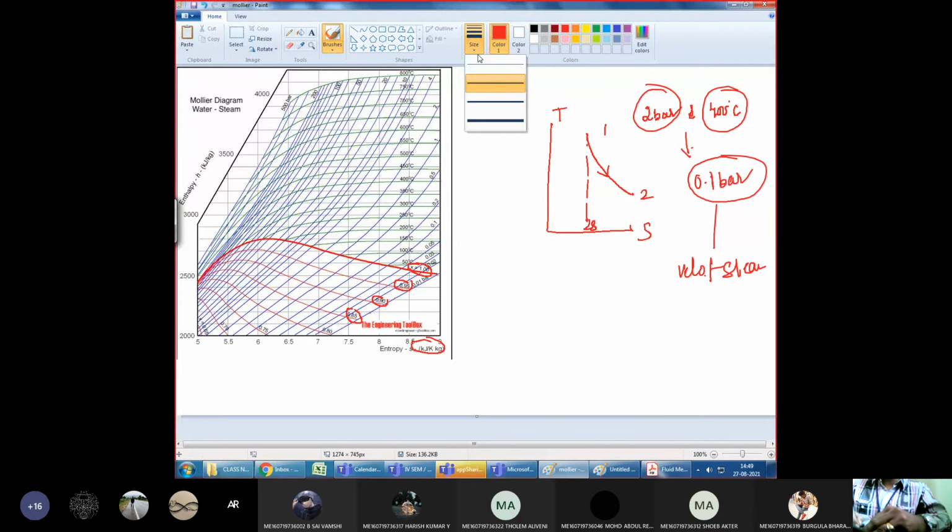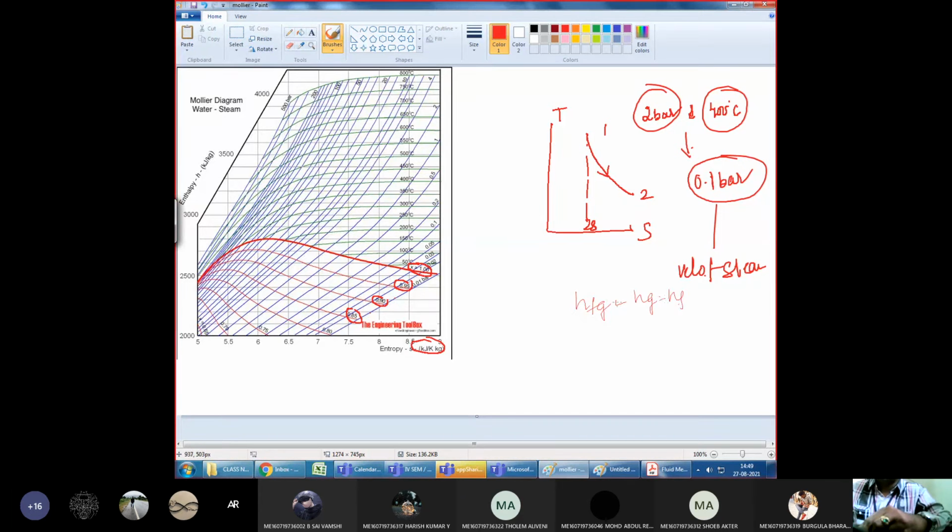To solve this problem, we can use either the Mollier diagram or the steam table. If you use the steam table, you need to use formulas. What are the formulas we discussed in thermodynamics? hfg is equal to hg minus hf.